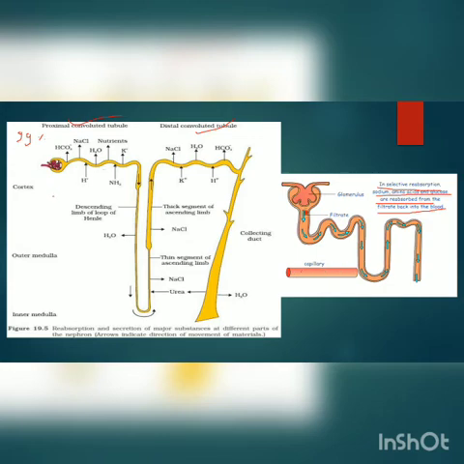For example, substances like glucose, amino acids and sodium, they are absorbed from the filtrate actively, मतलब active absorption के through होते हैं, whereas the nitrogenous waste, they are absorbed by passive transport.